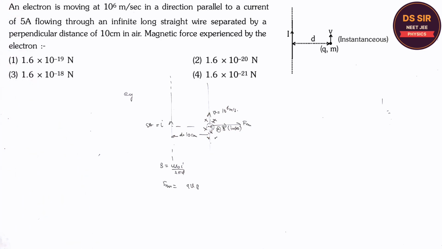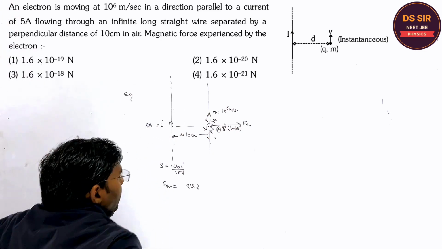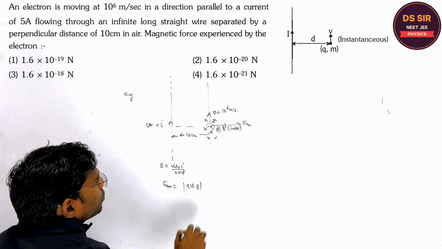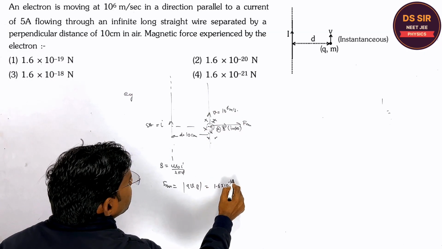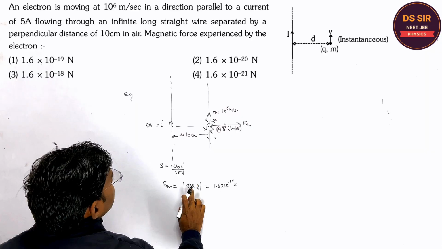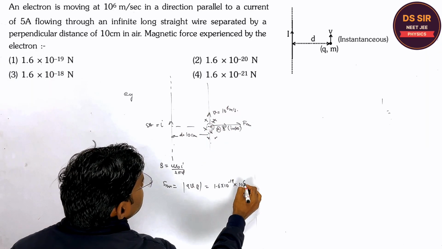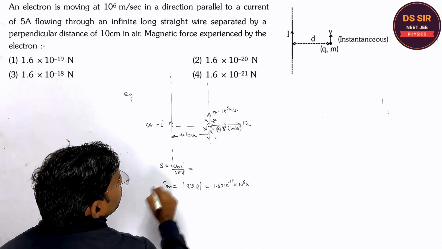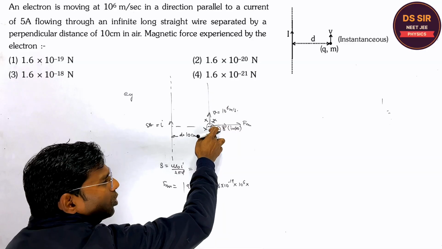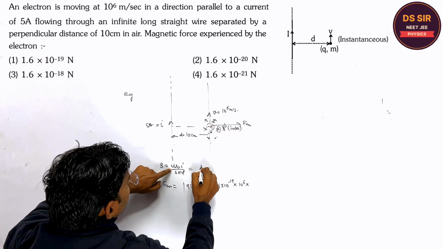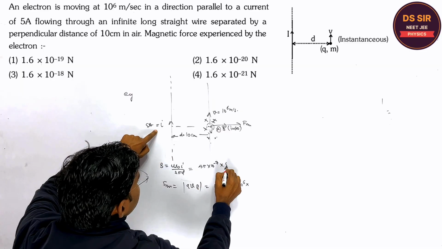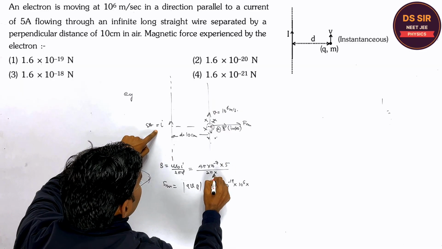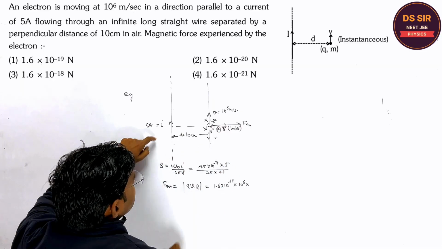So what is the q? I'm finding the magnitude, so I will write the charge as 1.6 into 10 to the power minus 19. The speed is 10 to the power 6. The magnetic field we have to find at this point is not given in the question. So mu naught value is 4 pi into 10 to the power minus 7. The current I is 5 ampere. 2 pi into d, where d is 0.1.